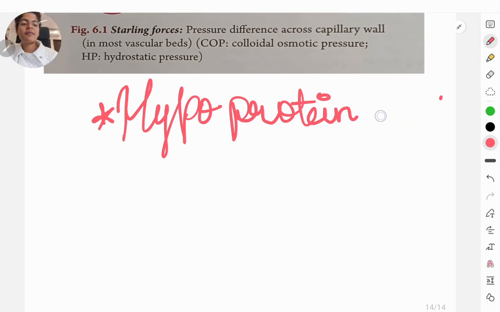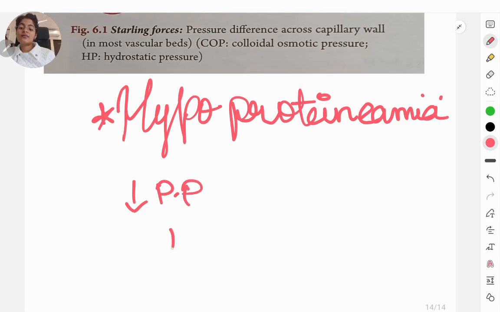It's like proteinemia only. Okay. So what? Less protein, less plasma protein, thereby leading to less oncotic pressure, and thereby leading to what? Less oncotic, more hydrostatic.